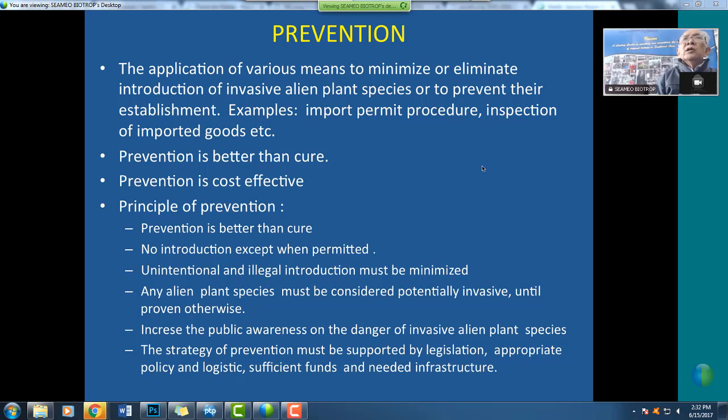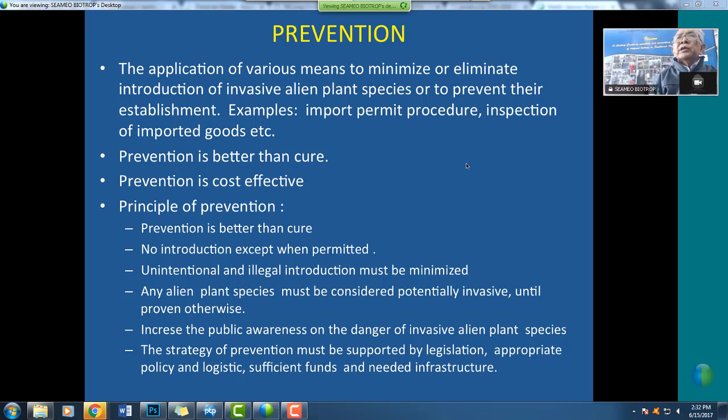And no introduction except when permitted. Because once permitted, the government has done a lot of research on how to overcome it if the imported plant becomes invasive. The unintentional and illegal introduction must be minimized.